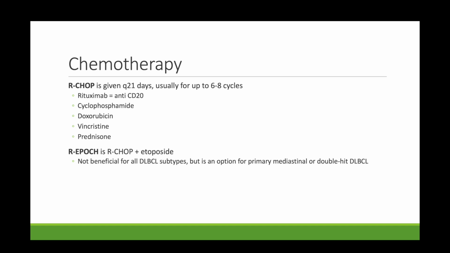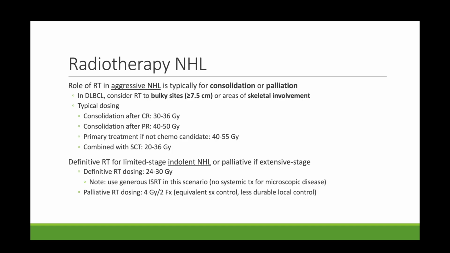And it's not beneficial for all DLBCL subtypes, but it is an option to consider for primary mediastinal or double hit DLBCL. And then we get into the role of radiotherapy for non-Hodgkin lymphoma. And remember, the role of radiation is going to be very different depending on if we're talking about aggressive versus indolent non-Hodgkin lymphoma. In aggressive histologies, the role of radiation is usually for consolidation or palliation.